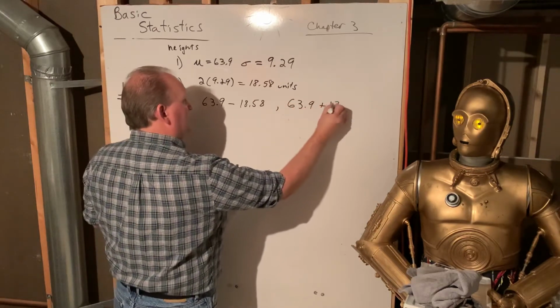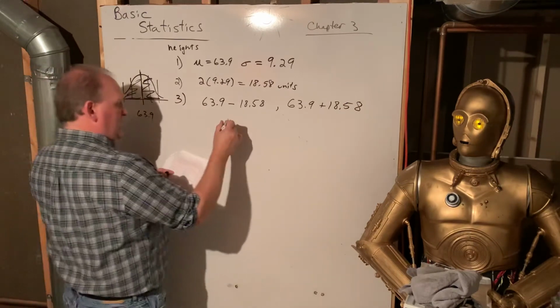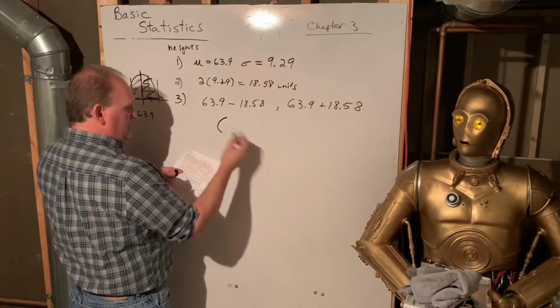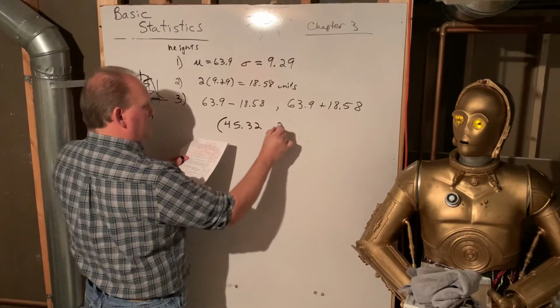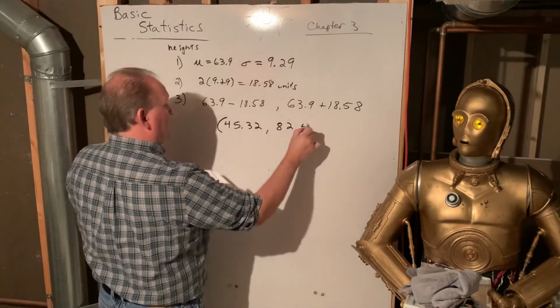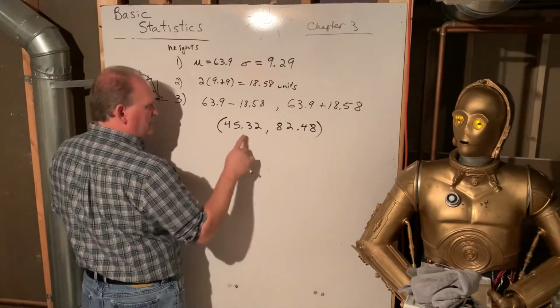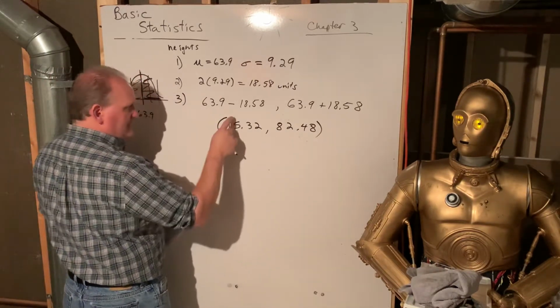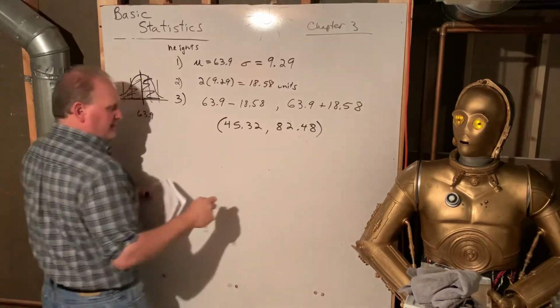All right, so 63.9 minus 18.58 and 63.9 plus 18.58. And again, if you came from algebra, you'll understand this as set notation, right? 45.32 to 82.48. That's not a point like on X and Y. It begins at 45.32 and goes to 82.48.